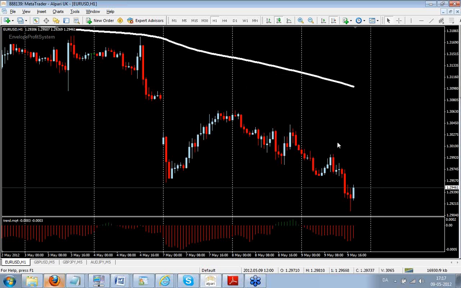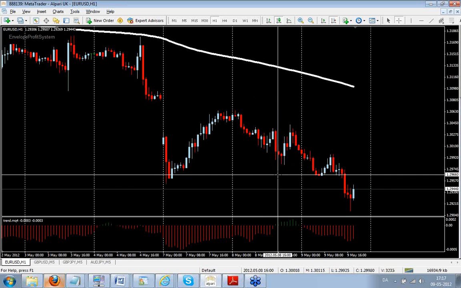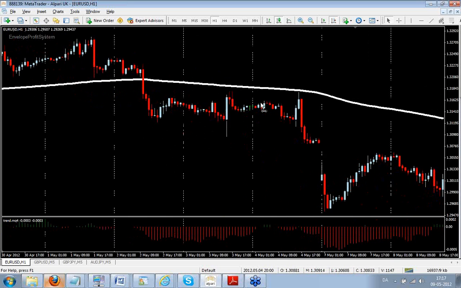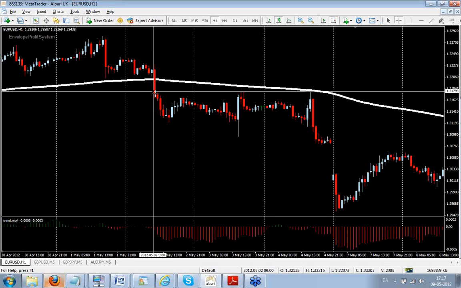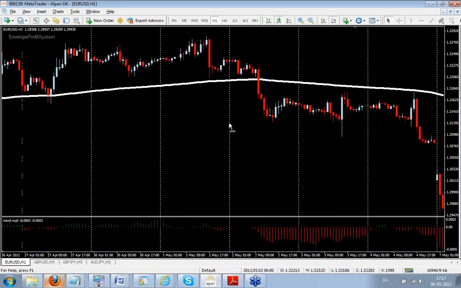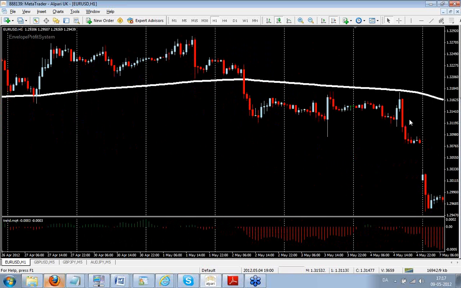When the indicator is red and we are below the white line here, we are in a strong downtrend. When the indicator is green and we're below the white line, we're in a downtrend, but not a strong downtrend. As you can see here, we've been in a downtrend since the beginning of May. So if you're a conservative trader, you would only have looked for short trades since the beginning of May.